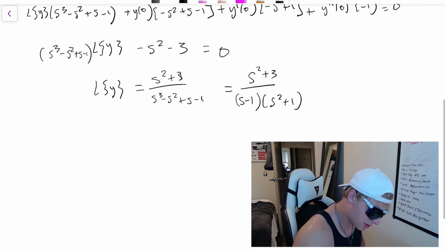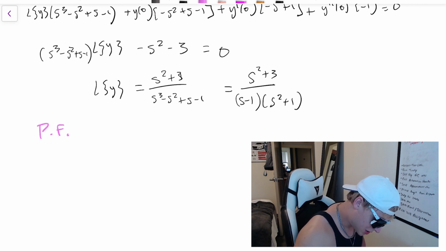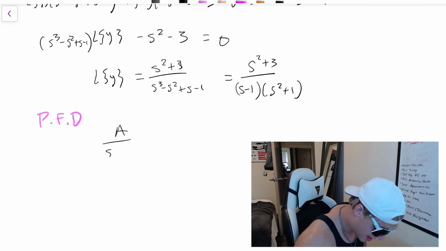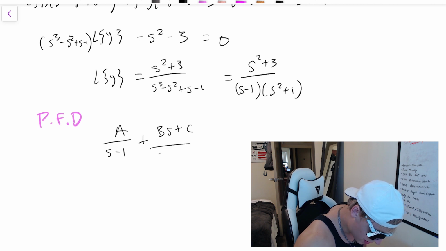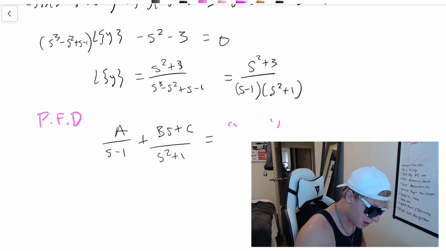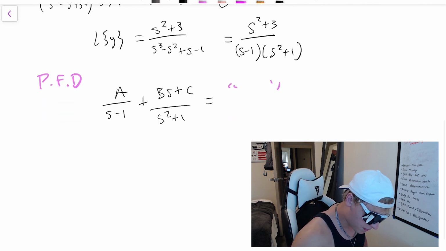Now next we have to do partial fraction decomposition, and to do that we're going to have A over s minus 1 plus Bs plus C over s squared plus 1, and that's going to equal this function up here. We go ahead and multiply this out.